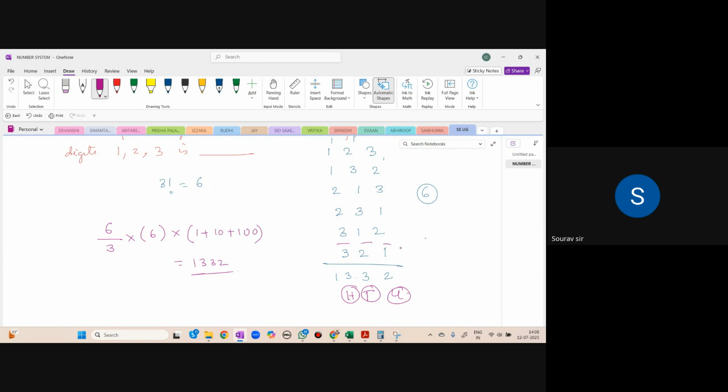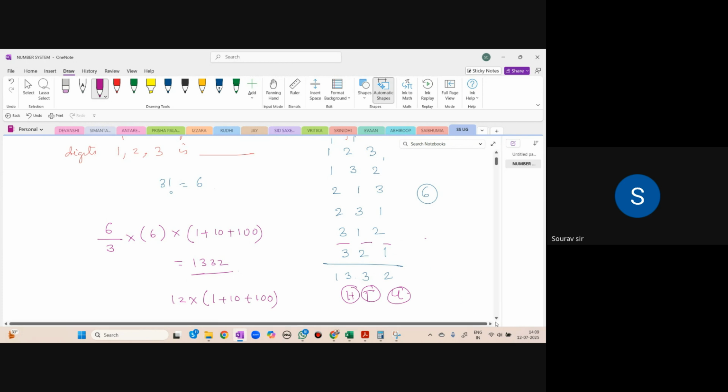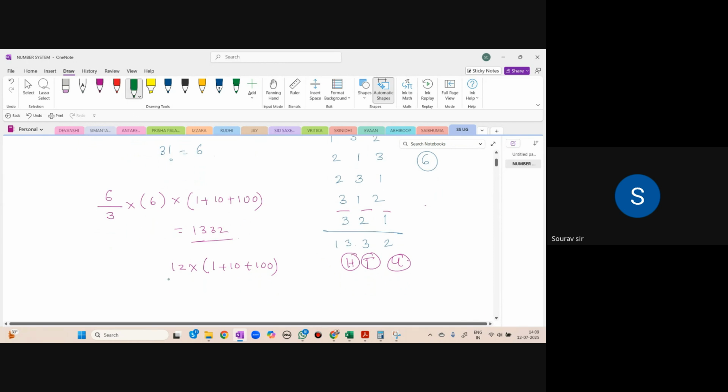3 places you are adding, correct? For every place, the total is 12. If you add up the numbers in each place, the total is 12. So you are multiplying 12 with 1 plus 10 plus 100. So this 12 is coming from where?